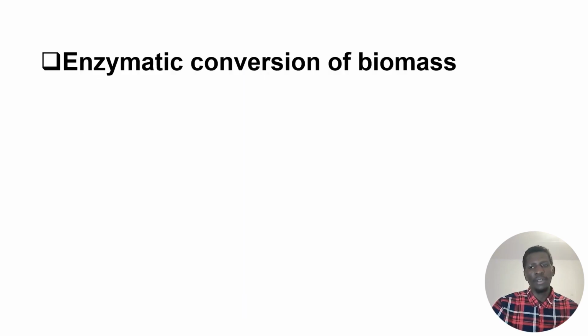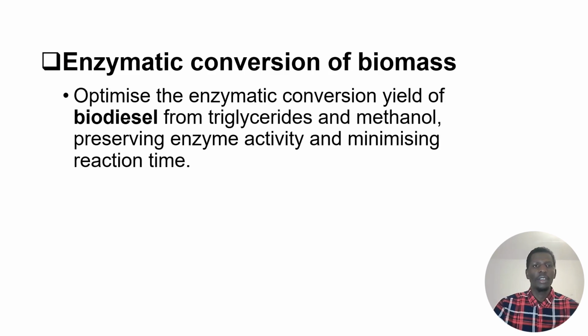Let's have another example here, which is actually a process design example involved with the enzymatic conversion of biodiesel from triglycerides and methanol. And the objective is to optimize the yield, preserve enzyme activity, and minimize reaction time.